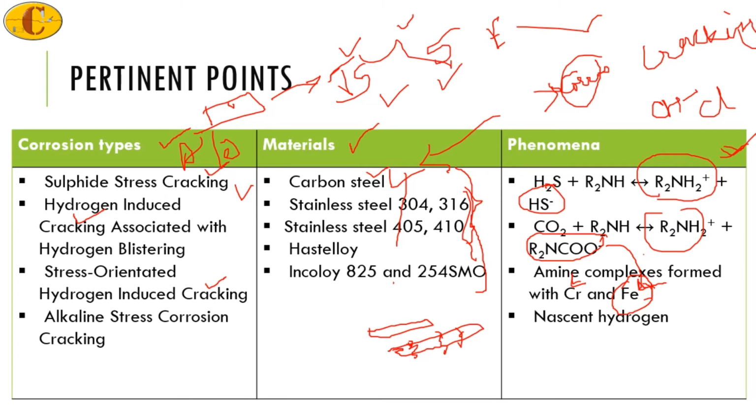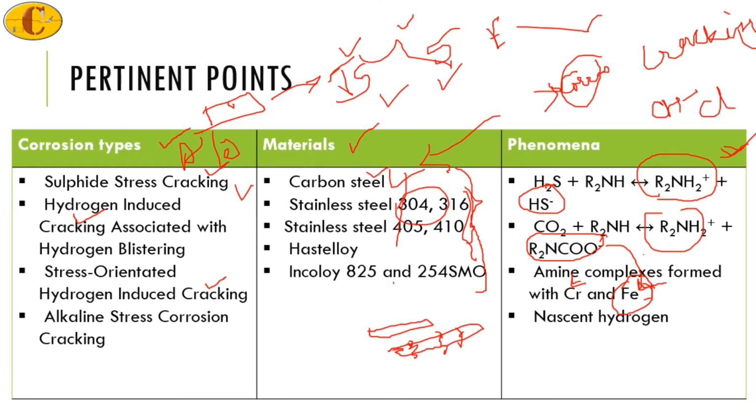Its mechanical properties may be perfect, because the mechanical properties are not tested in these simulated environments, they are tested in air. So the mechanical properties would be excellent, but their corrosion resistance to the environment that is seen in the amine services should also be considered.